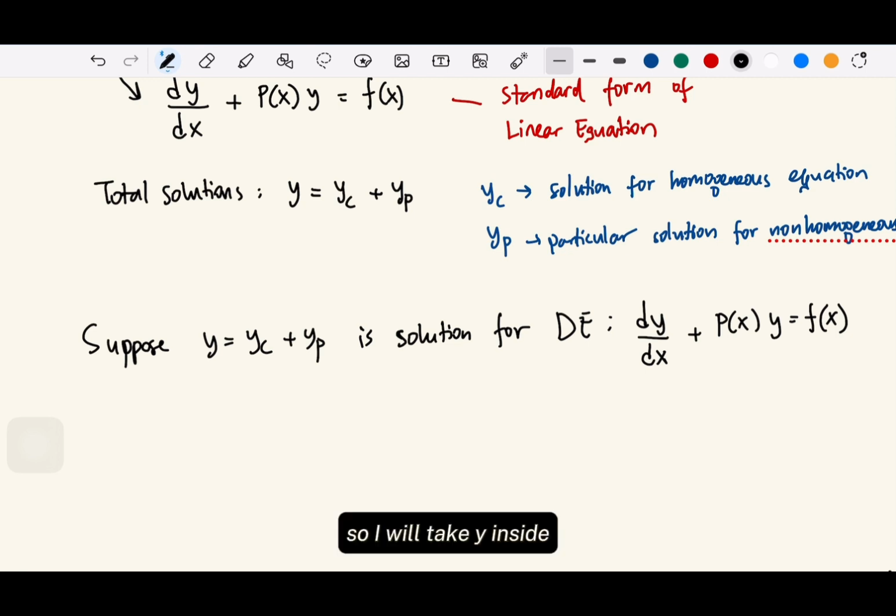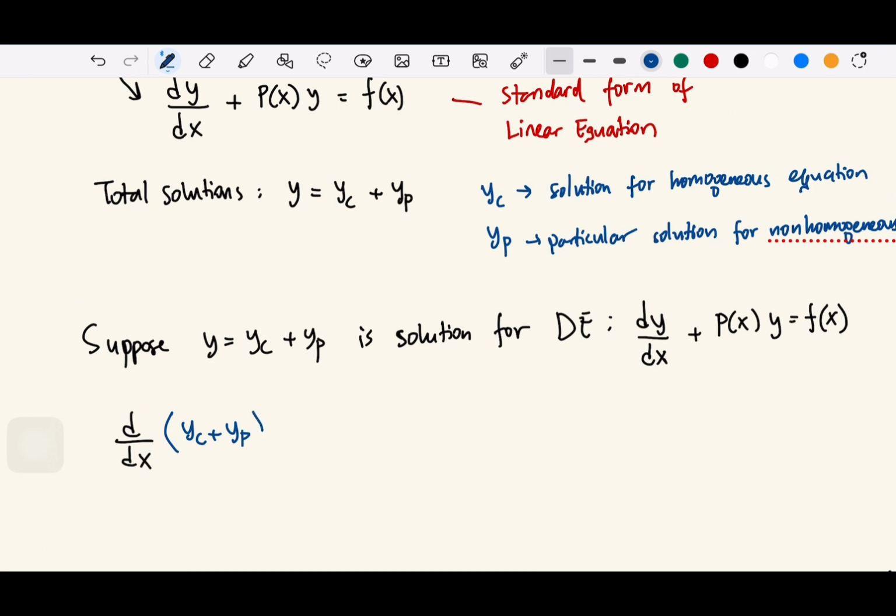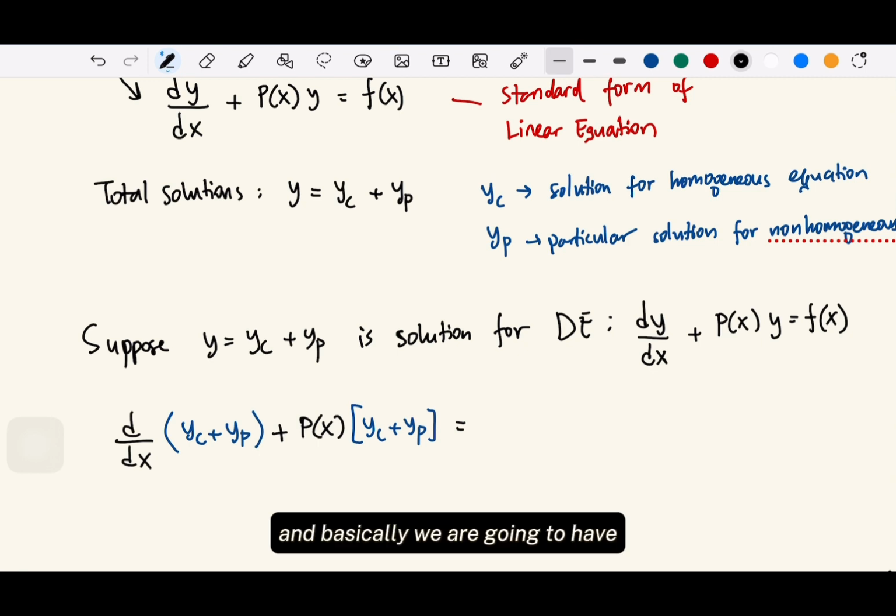So I will take y inside these differentials: yc plus yp, and then plus p of x times y. Basically, we are going to have the same expression for each of yc and yp.